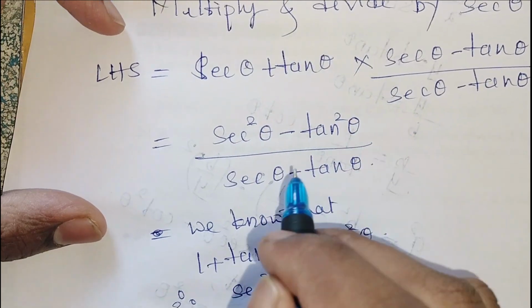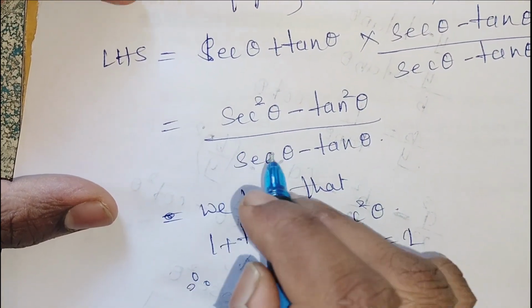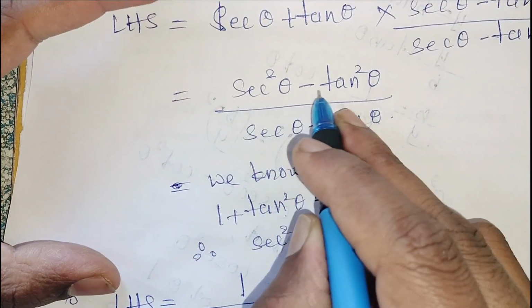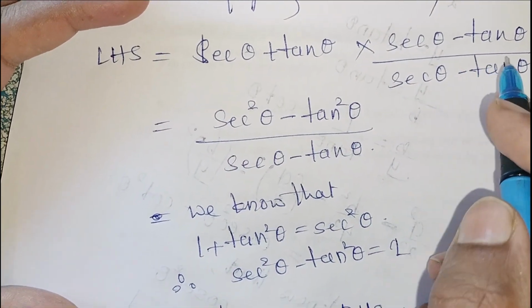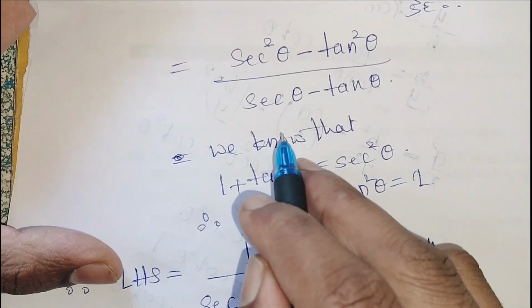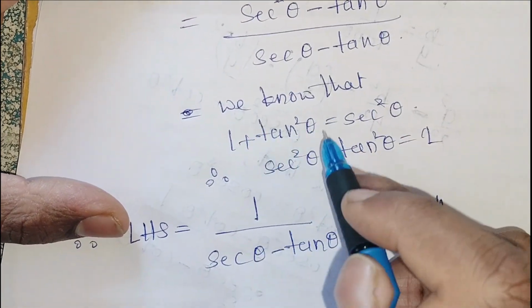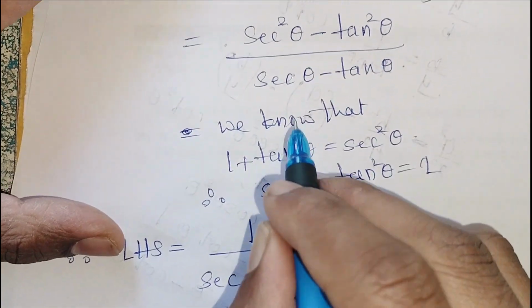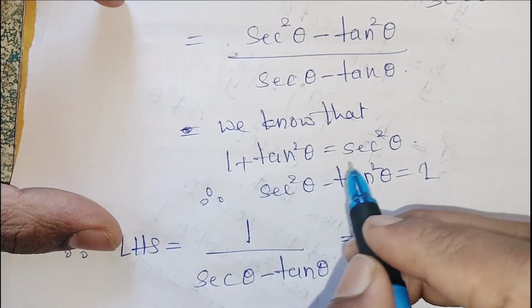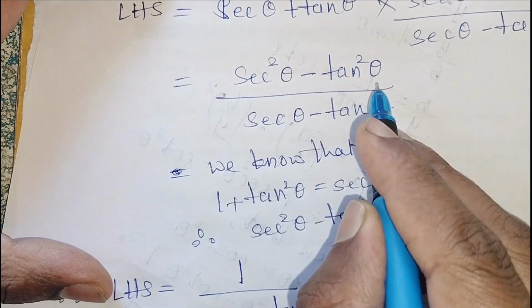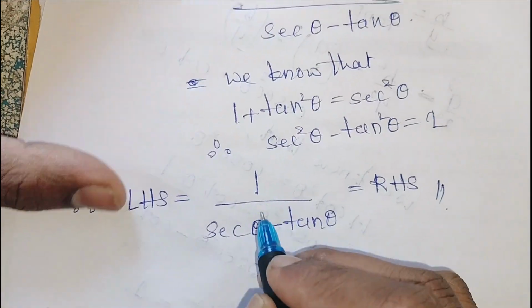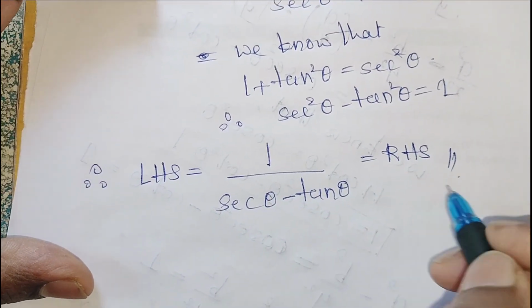Multiplying and dividing, we have secant square theta minus tan square theta, using the a plus b into a minus b formula equals a square minus b square, and we know the identity that 1 plus tan square theta equals secant square theta. So this numerator becomes 1 and the result equals RHS.